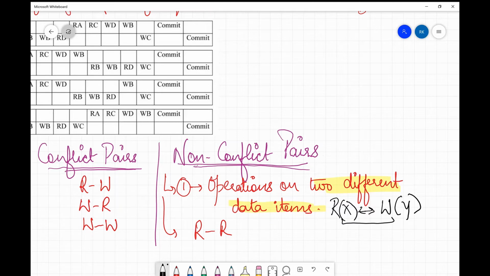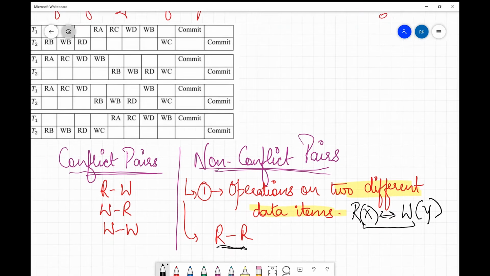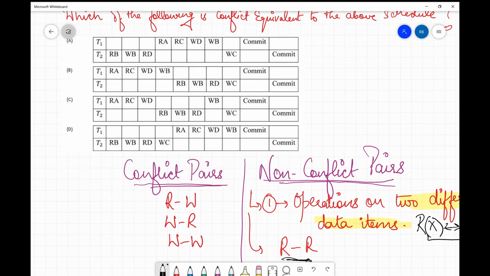Similarly, you can make them for different data items. And apart from this, only read operations performed on the same data item are categorized as non-conflict pairs. All the other operations, whether it is read-write, write-read or write-write, come in the category of conflict pairs.